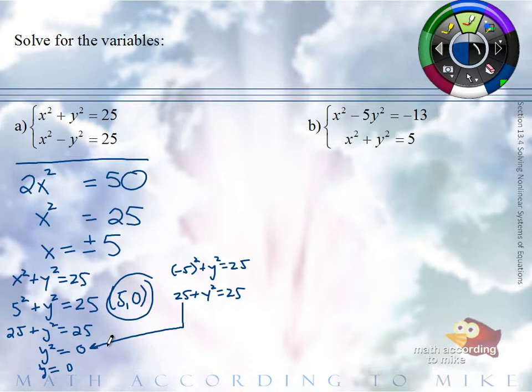So what ordered pair is that? Good. So this circle of radius 5 and this hyperbola intersect at 2 points, 5, 0 and negative 5, 0. So this is different than when we had linear equations. You either had one answer, no answers, or infinitely many answers. Here, you could have one answer, 2 answers, 4 answers, no answers.